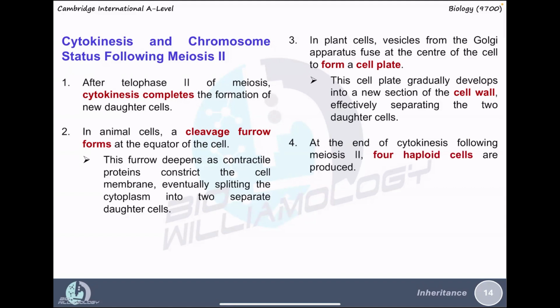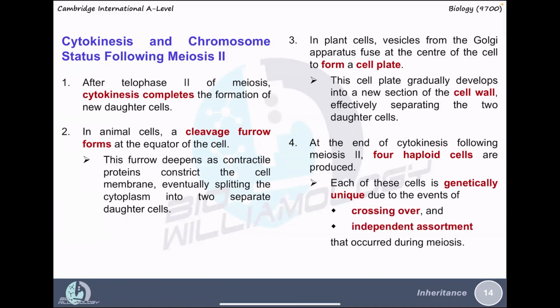Okay, and at the end of cytokinesis following meiosis 2, we are going to have 4 haploid cells. Each of the cells is genetically unique due to crossing over and independent assortment that occur during meiosis 1 and also meiosis 2.